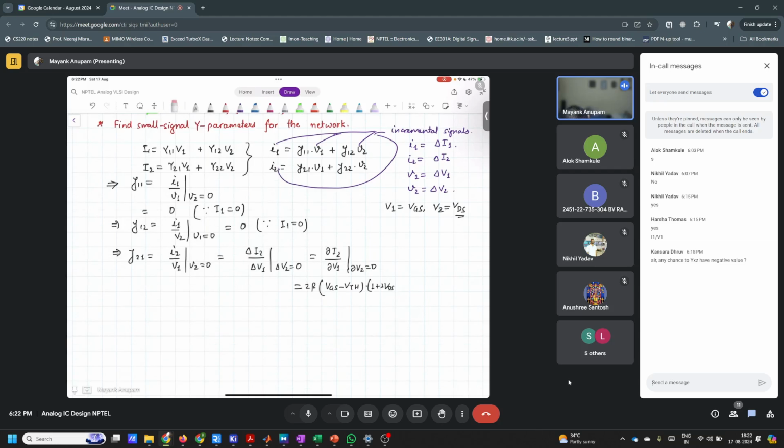So here you have to mention VDSQ. Understood? Similarly, when you write VGS, it is also VGSQ. Got it? When you have differentiated it, this quantity after differentiation becomes VGSQ, right? Am I getting through? Is the point getting through to you?